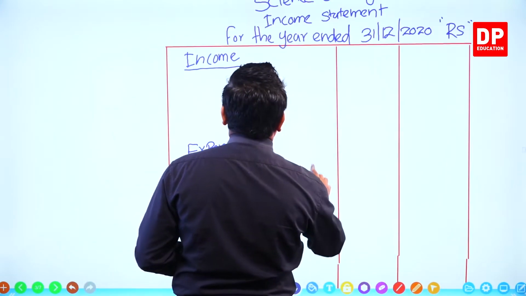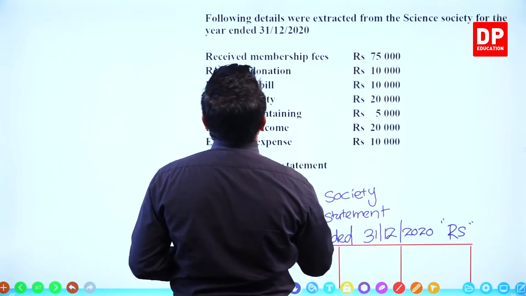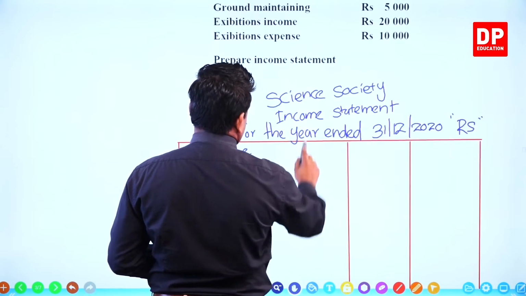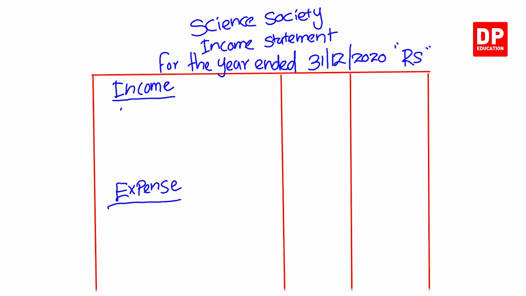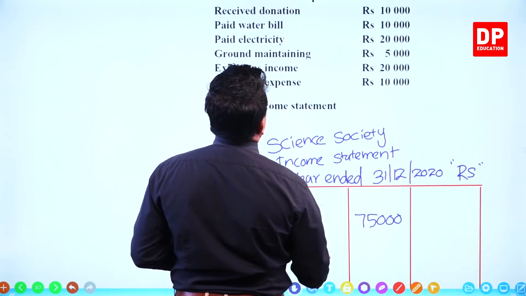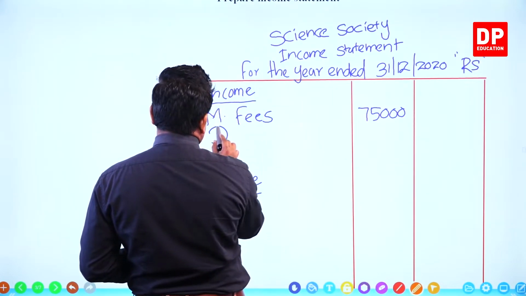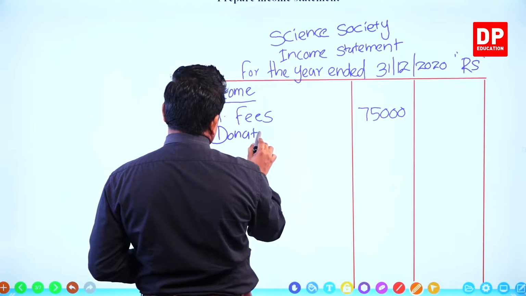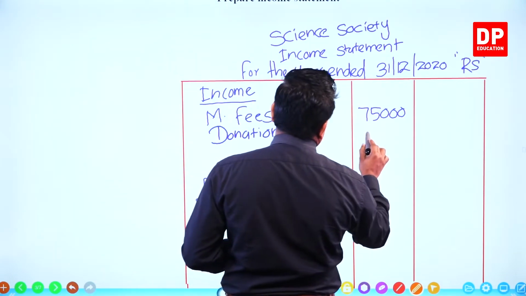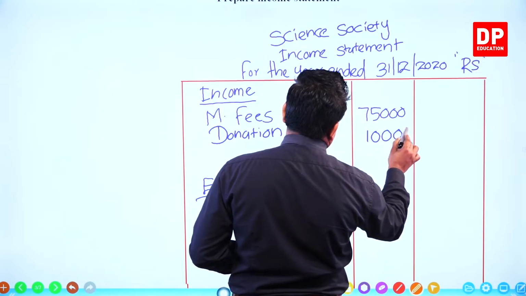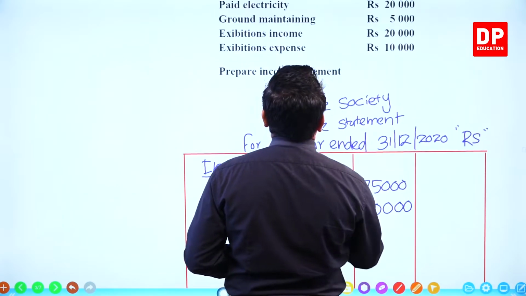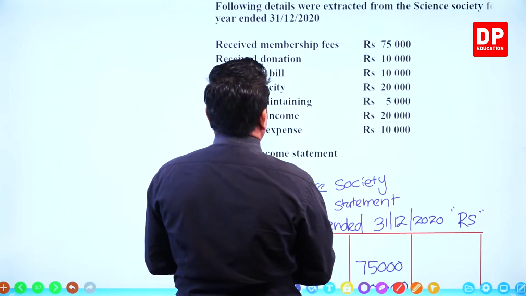Now you pick the details and put them in the relevant places, right? Received membership fees 75,000. Then received donation 10,000. Water bill 10,000.